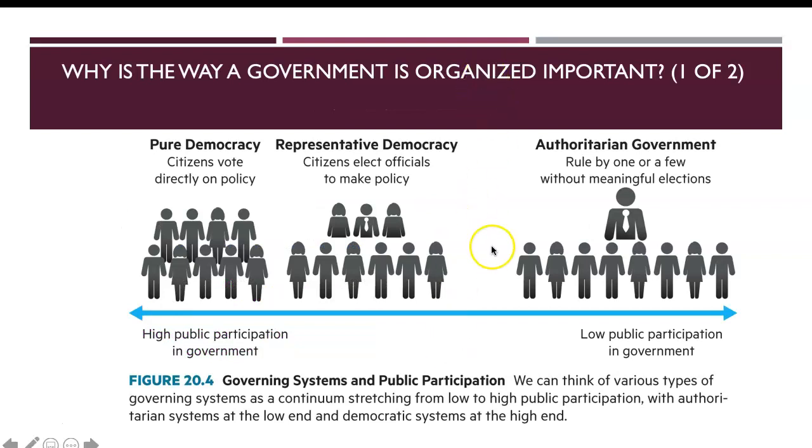And there are 2 types of governments. One is unlimited government, and the other is limited. Unlimited means that the government has unlimited power, and it's called an authoritarian government. The other type, like pure democracy or representative democracy, gives a large portion of the power to the public to decide the policies.